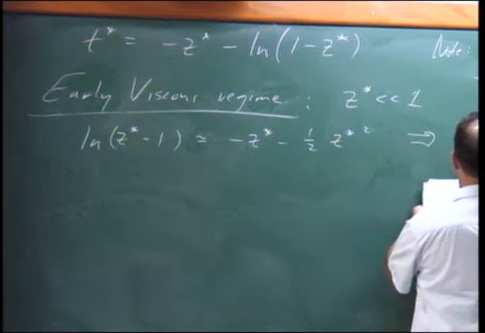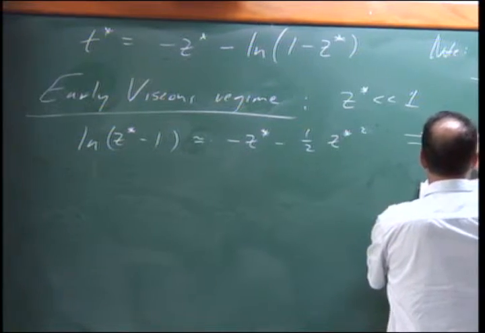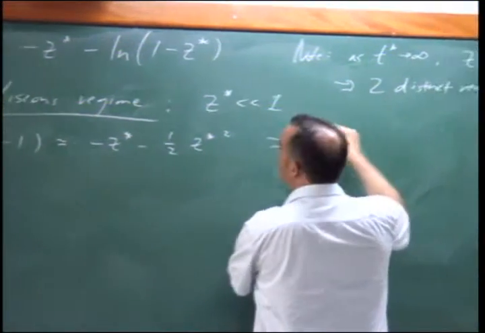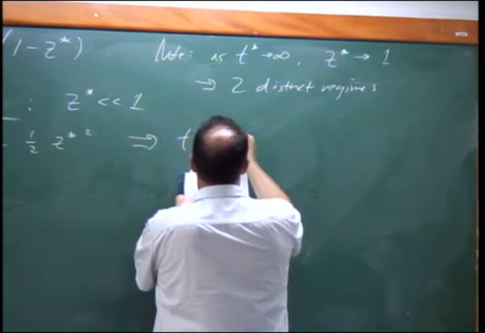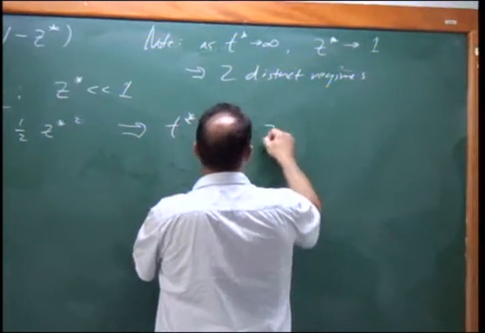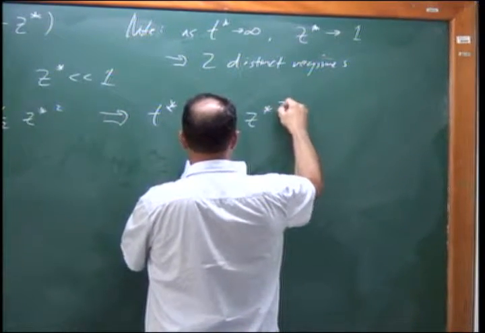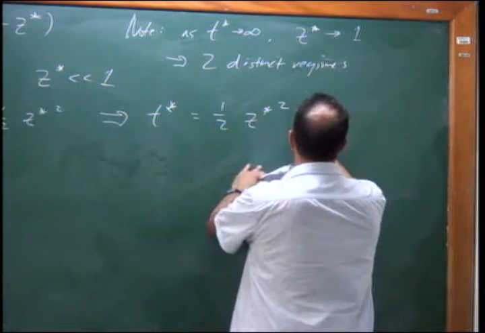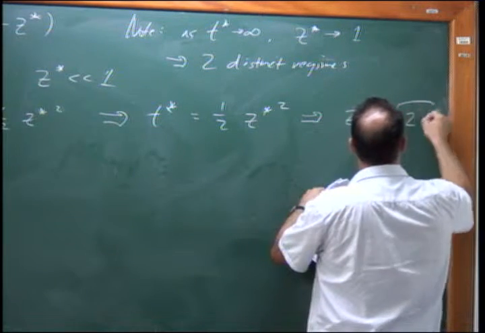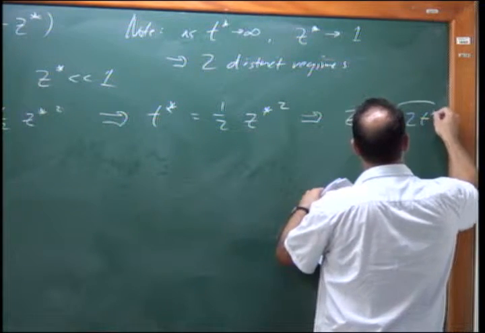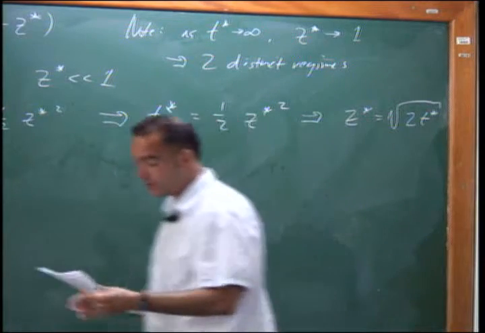Which tells us that, so substituting in here, okay, so we see that Z is going to go as the square root of time in the second regime.